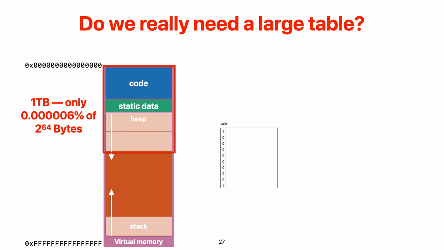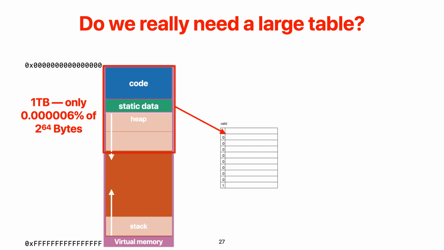So look at this example. If I have a program that uses 1 terabyte for global variables, malloc space, plus the instructions, which is already big, it only accounts for 6 times 10 to the minus 6 percent of your memory space.